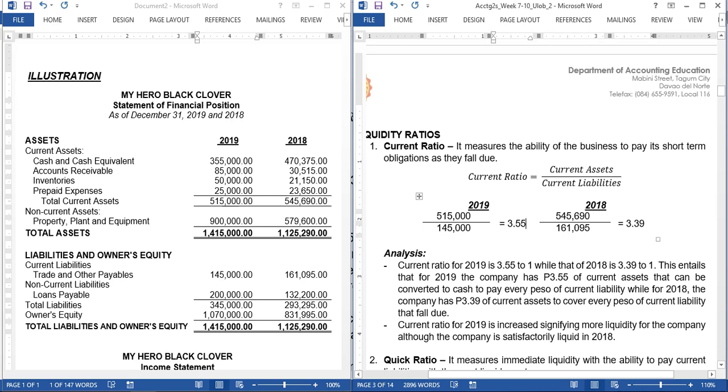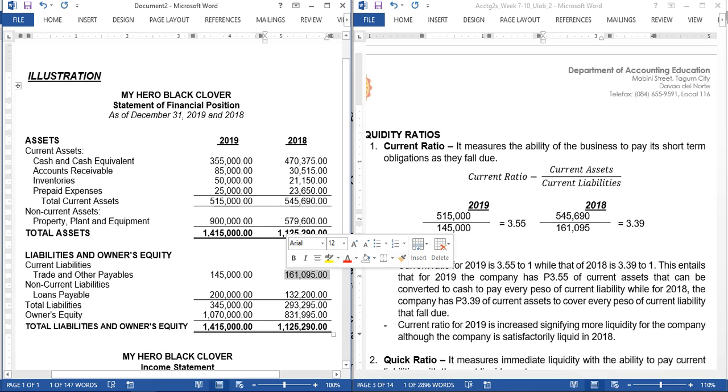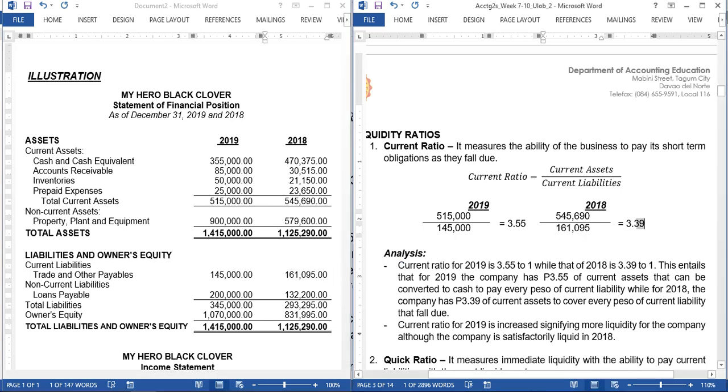Then, sa 2018 naman nasa 545 na current assets. And then, nasa current liabilities na 161,095. Okay? So, 3.39 is the current ratio for 2018.